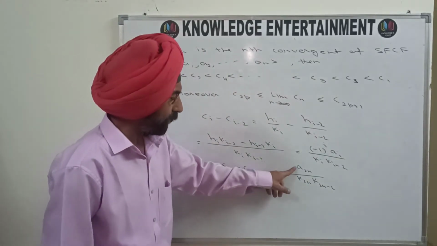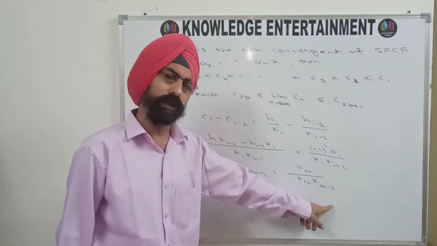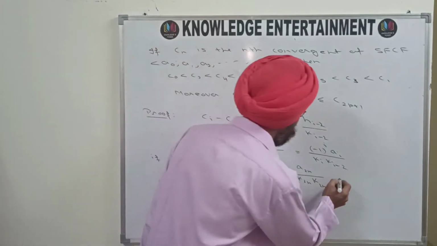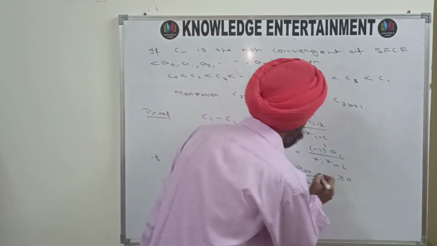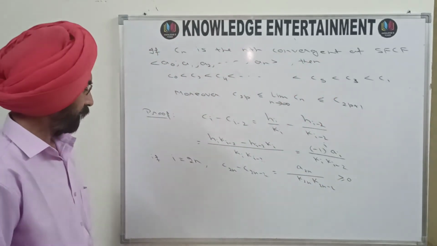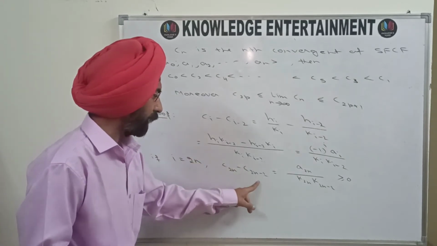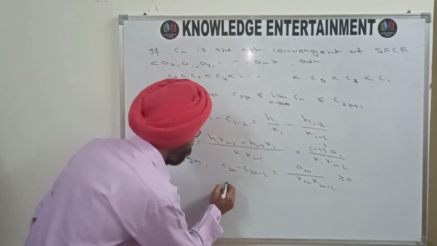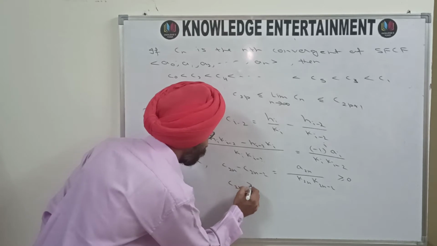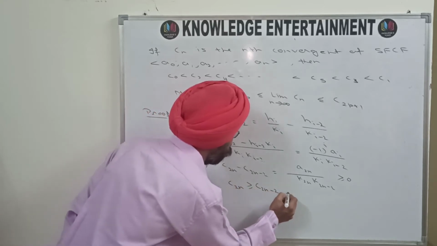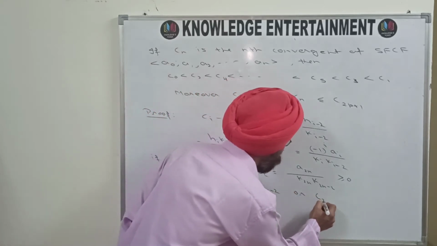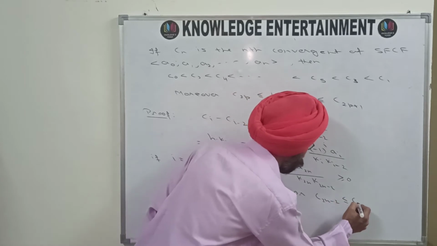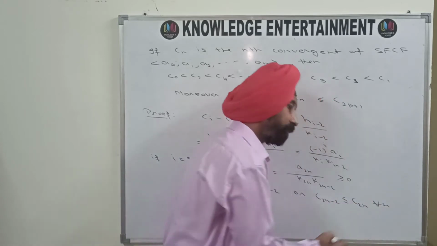Since a2n is positive, K2n is positive, K2n minus 2 is positive, this quantity is greater than or equal to 0. So C2n minus C2n minus 2 is greater than or equal to 0, means C2n is greater than or equal to C2n minus 2, or you can say C2n minus 2 is less than or equal to C2n for every n.